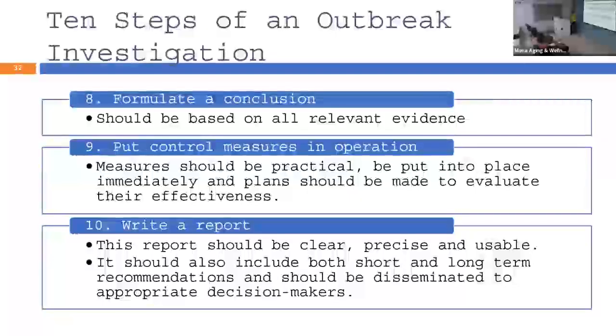Not sure if it's next or maybe it's just a little bit further down. And then we conclude based on the evidence that we have.